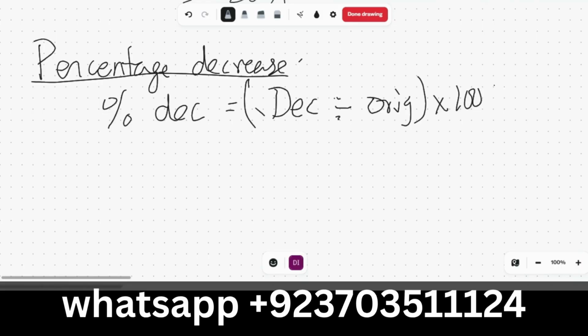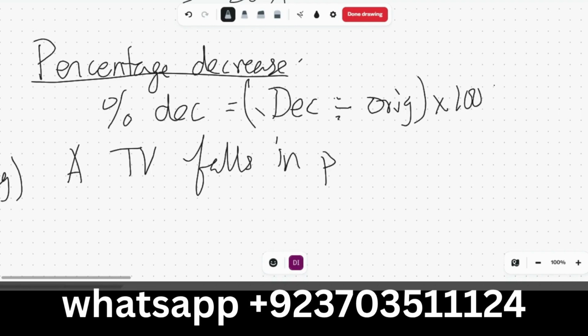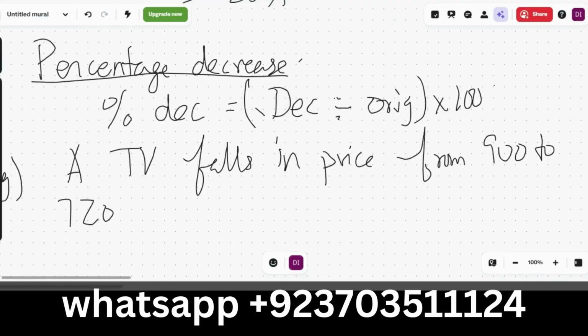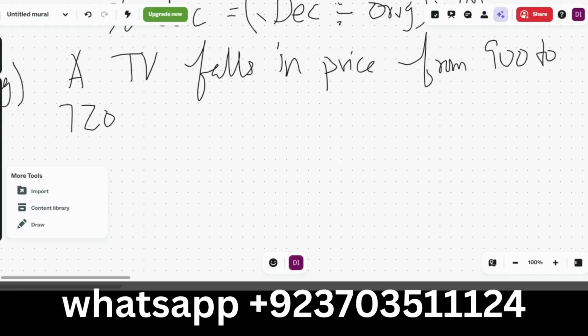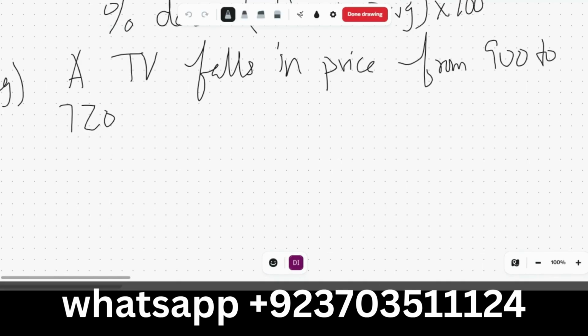For example, a TV falls in price from 900 to 720. Find the percentage decrease. First we will find the decrease.